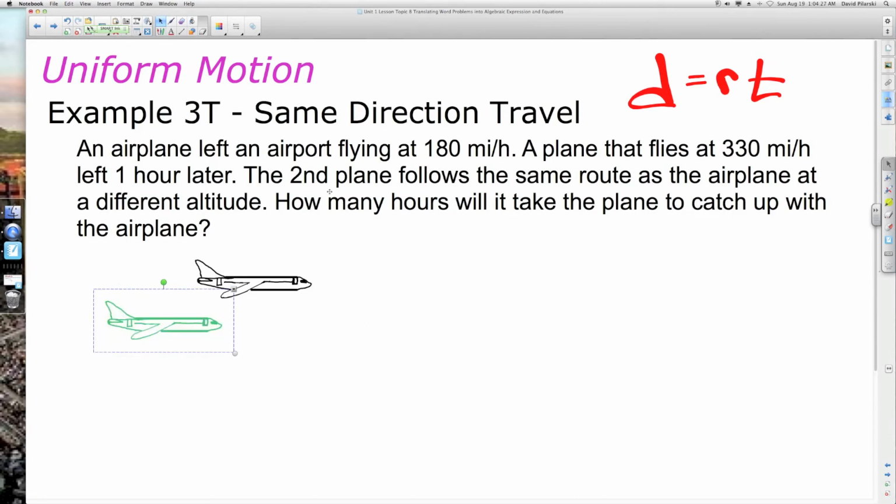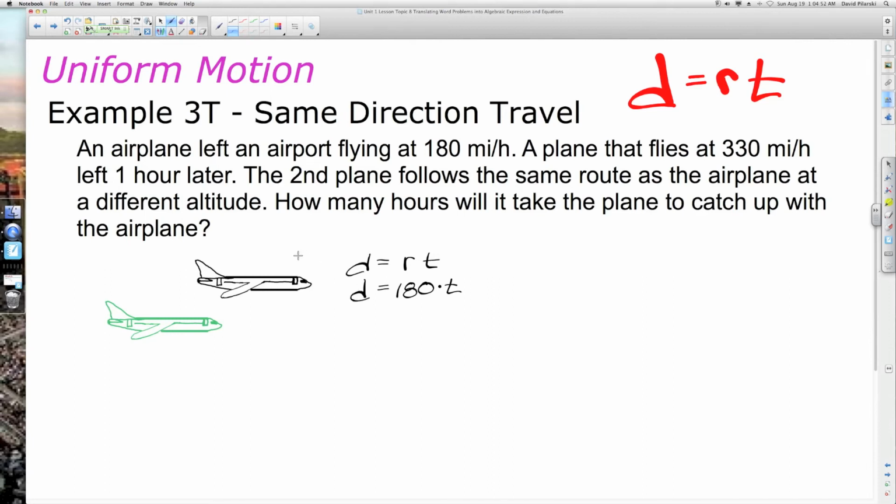So for the black plane, what we have is distance being equal to rate times time. And for the black plane, the rate is 180 miles per hour. We're just going to say it travels a certain amount of time.